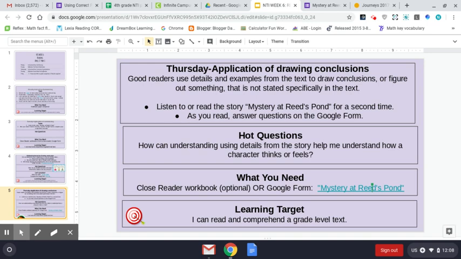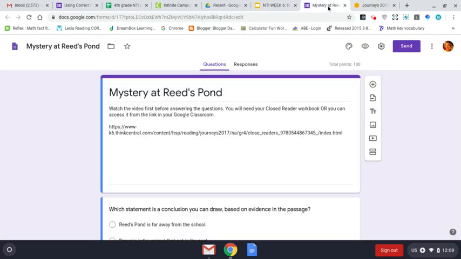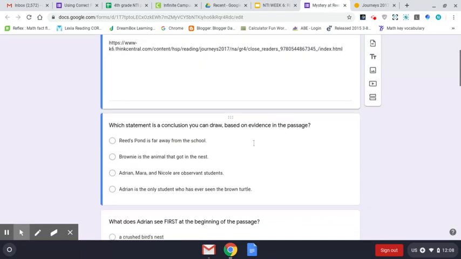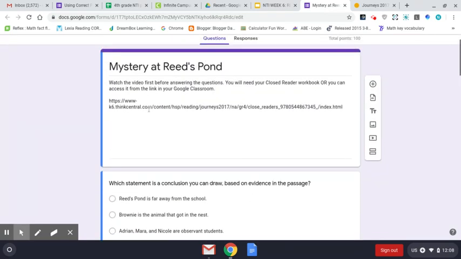You're going to need your close reader, or if you want to pull up the Google form, there is a link up there at the top where you guys can open up to your close reader to the story, Mystery at Reed's Pond. I strongly suggest that you use your close reader while you do this activity.